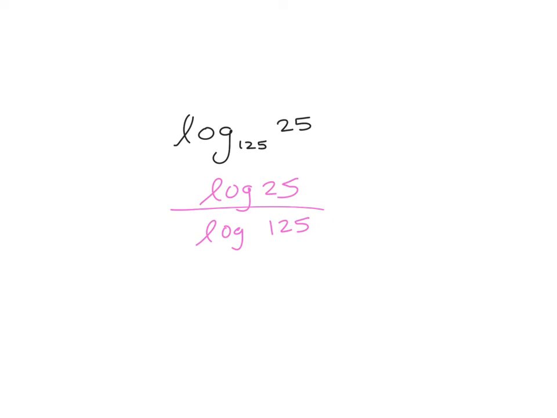And I can go ahead and put any new base here as long as I choose the same thing. So I am going to choose the base 5 because I know that 5 squared is 25 and 5 cubed is 125. So 5 to what power is 25? That's 2. 5 to what power is 125? That's 3. So I get 2 over 3. And that's how I can use the change of base to help me solve more complex logarithms.